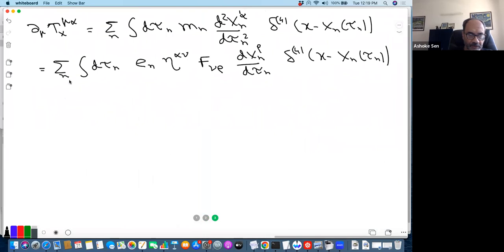So I can write this now as eta^{alpha nu} F_{nu rho} J^rho(x). So the explicit reference to the particles is gone. We have expressed it in terms of the current. Are there questions on this?